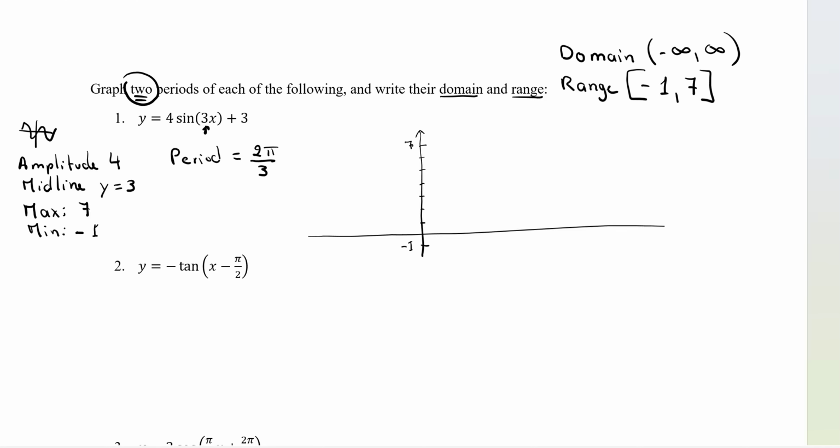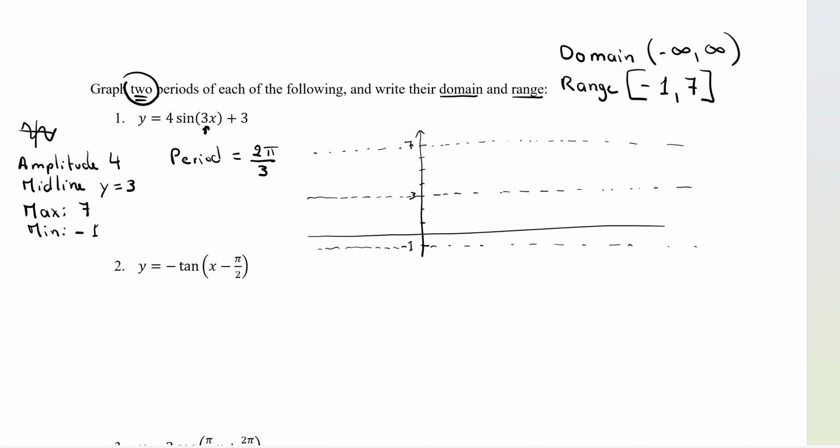Okay, the midline is at 3, so right there. I usually like to draw little lines, so I know not to pass that and not to pass that. Here we go, for the min and the max.